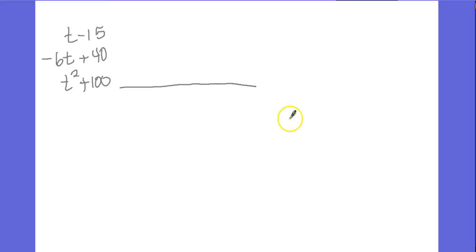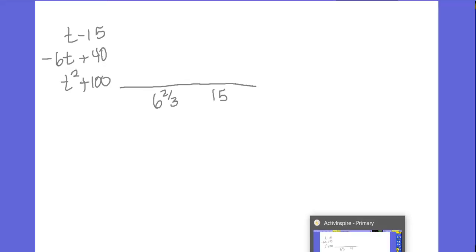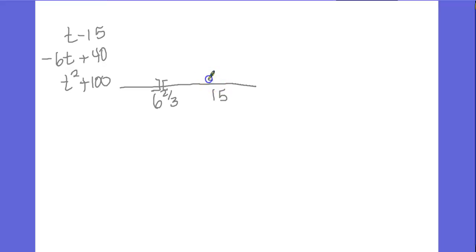But we're going to be precise. And my zeros are 6 2/3 and 15. And I'm going to ask you the question, do I want my zeros to be part of my solution? Look at our highlighted answer. Yes. So I'm using brackets on my zeros because I want them in my answer.